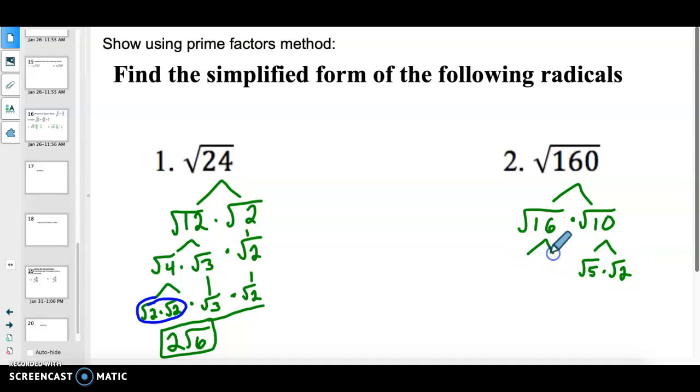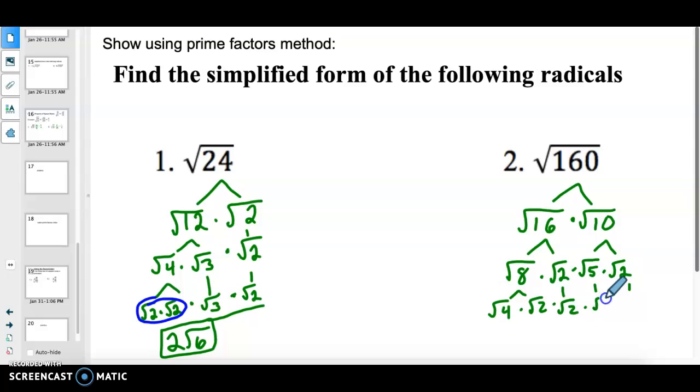And 16, I could split into square root of 8 and square root of 2. So all of these are prime, but the 8 is not, so I'm going to keep going. 8, I know, is square root of 4 times square root of 2. All of these just come down and stay the same.